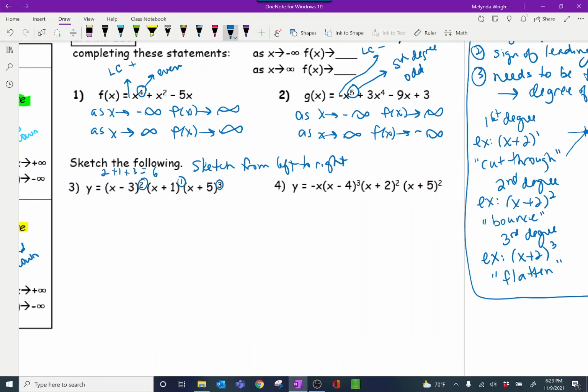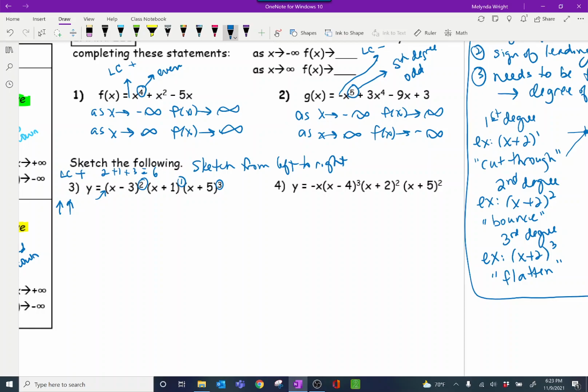Okay, so this is even, and my leading coefficient right here is positive. So I have even positive. Even positive starts up and ends up. Okay, these are things that we just really have to know. So it's positive, it's even, it's going to start up and end up.